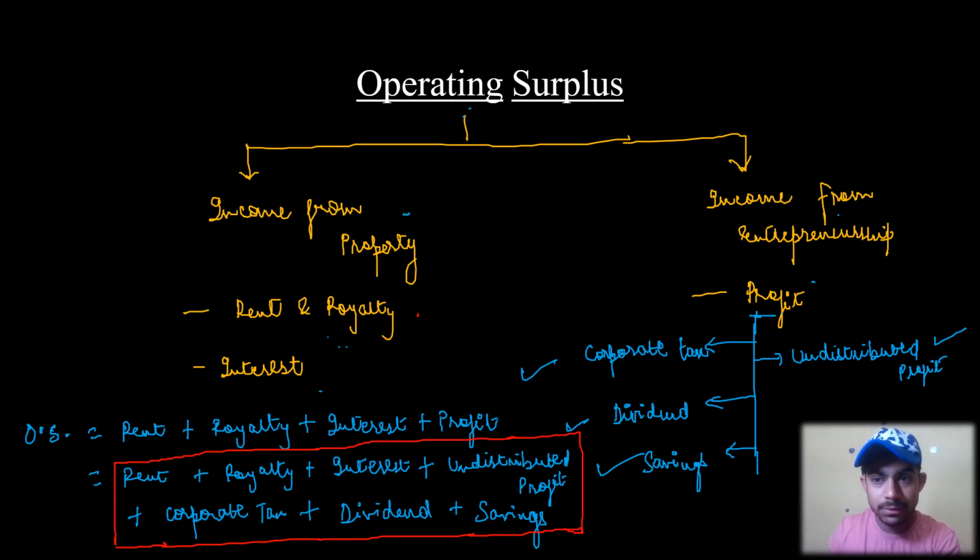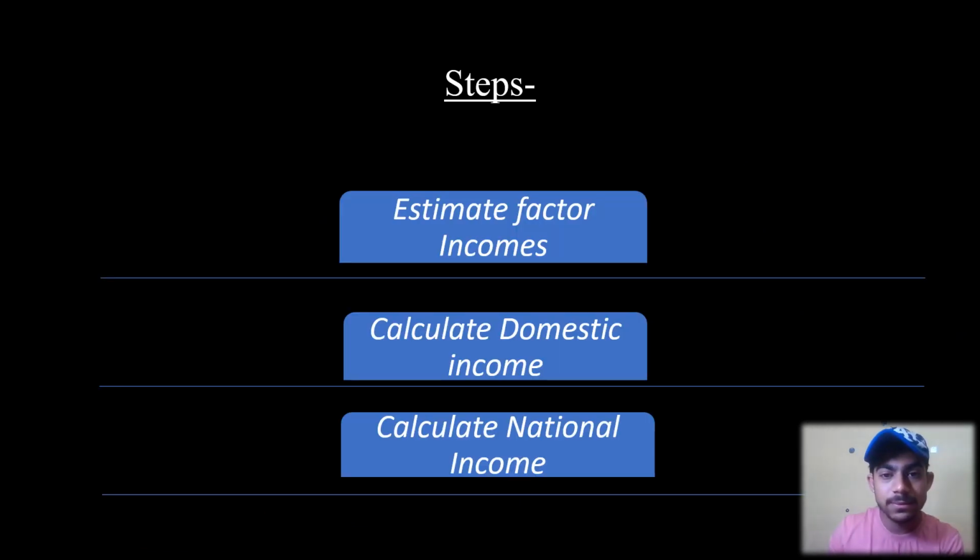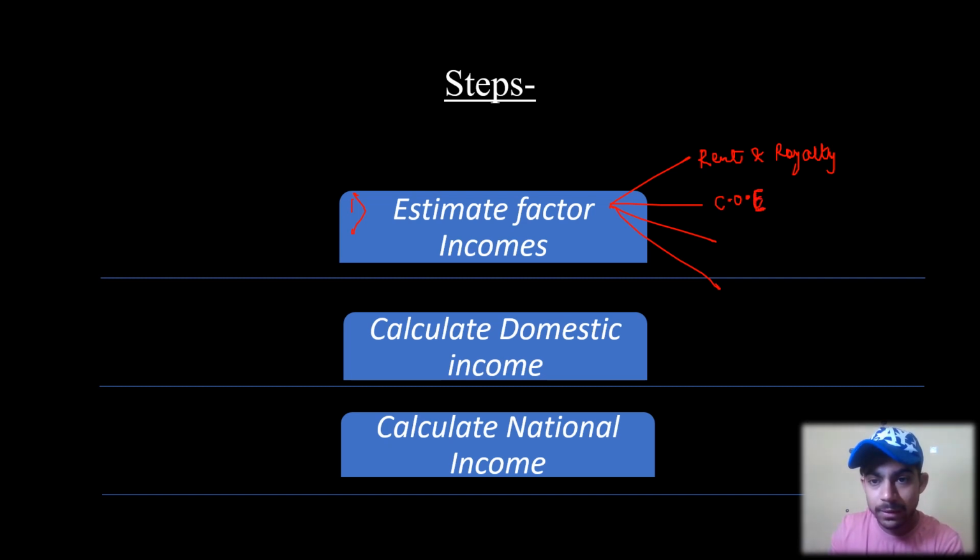Next, moving on to the steps. Number one step is to estimate factor income: rent and royalty, then compensation of employees, which is income from work and includes salary, wages, and employers' contribution to social security schemes, interest, and profit.